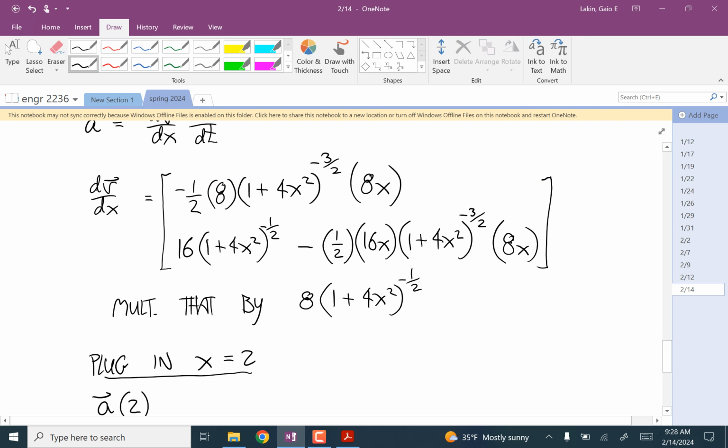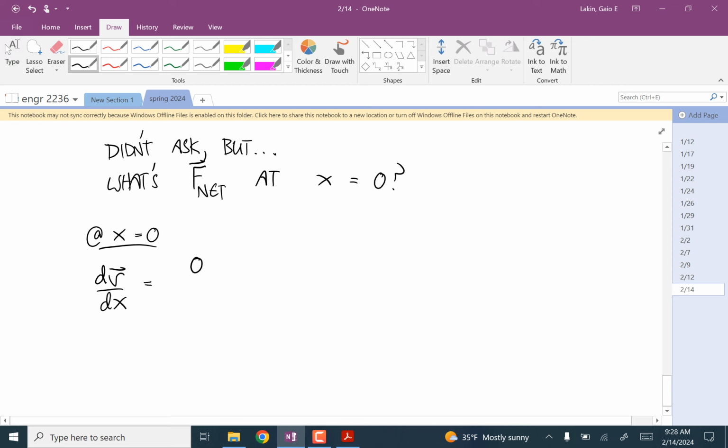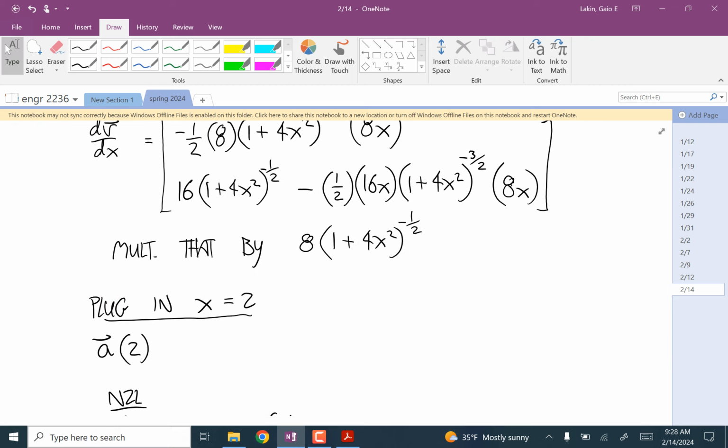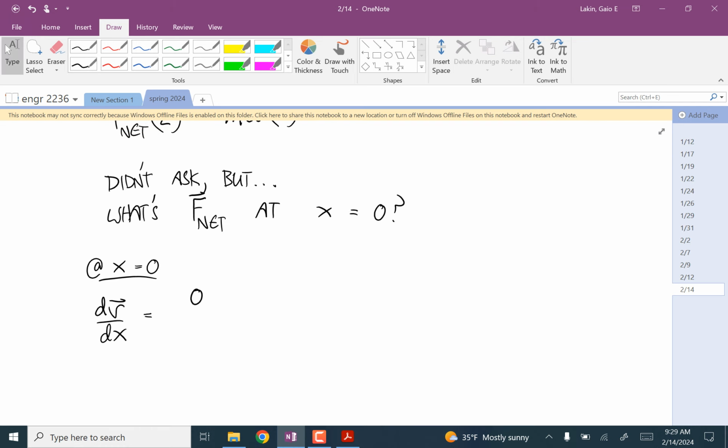So let's solve for that. Everything in the x equation is multiplied by x, so x equals 0 is going to make that go away. For the y component, everything in the second term is going to go away because you're multiplying by 0, but the first term isn't. So this is going to be 16 over the square root of 1, so it's just going to be 16.